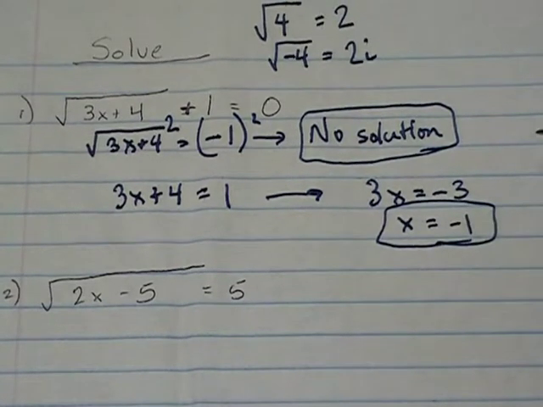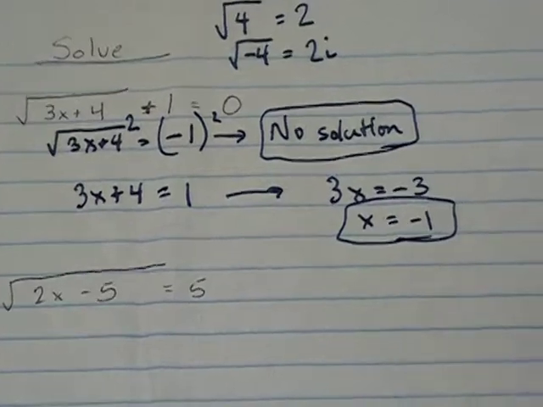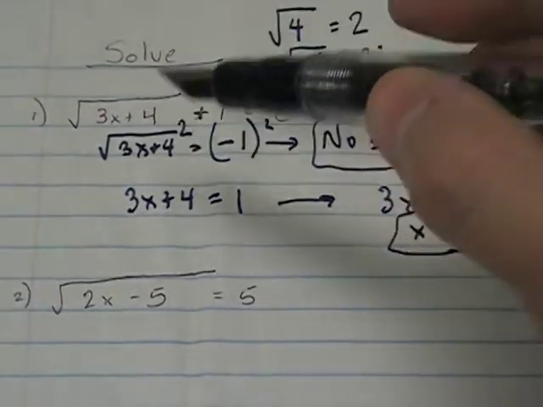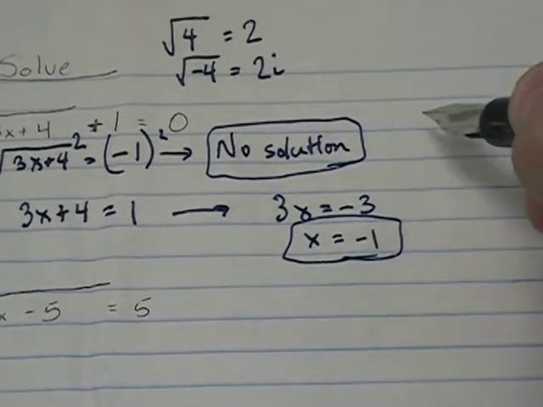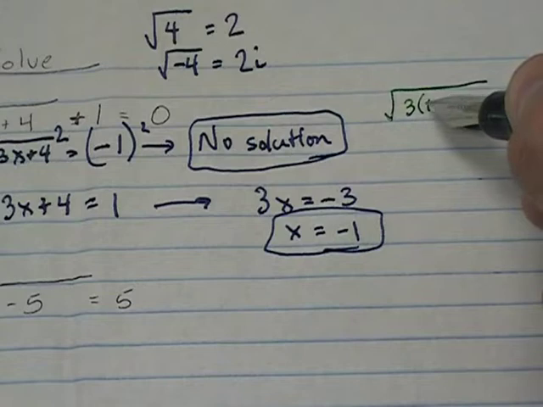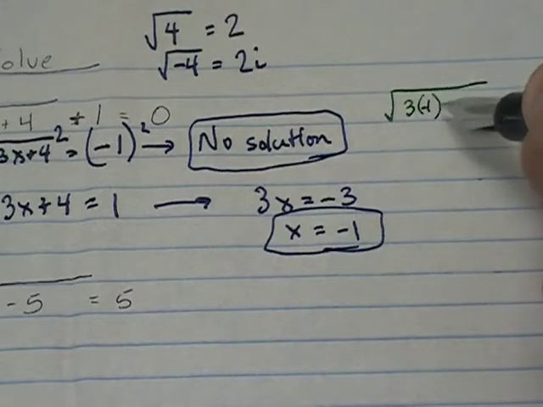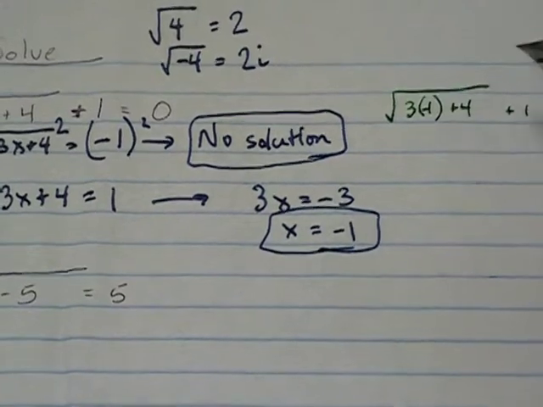However, if we check our work, which we always should in an algebra class, that's the nice thing about algebra, you can check your work. Take my original problem, and everywhere you have x, you want to put negative 1. So square root of 3 times negative 1 plus 4 plus 1 equals 0.